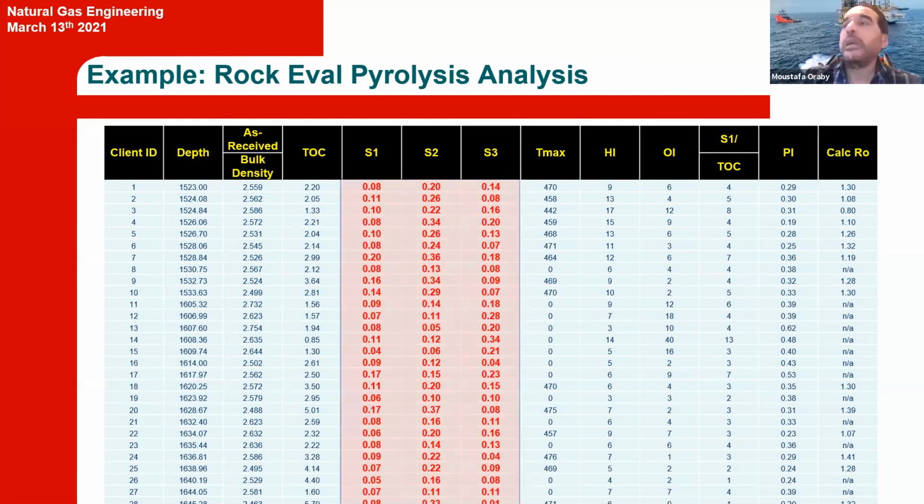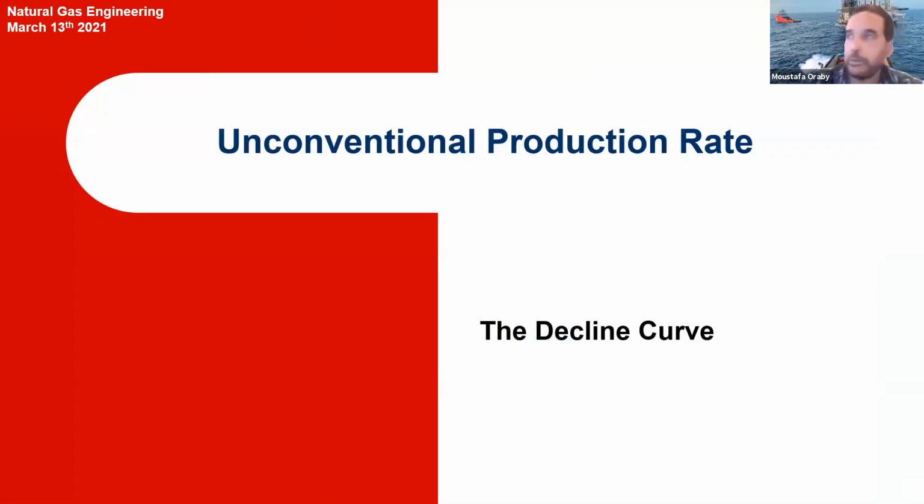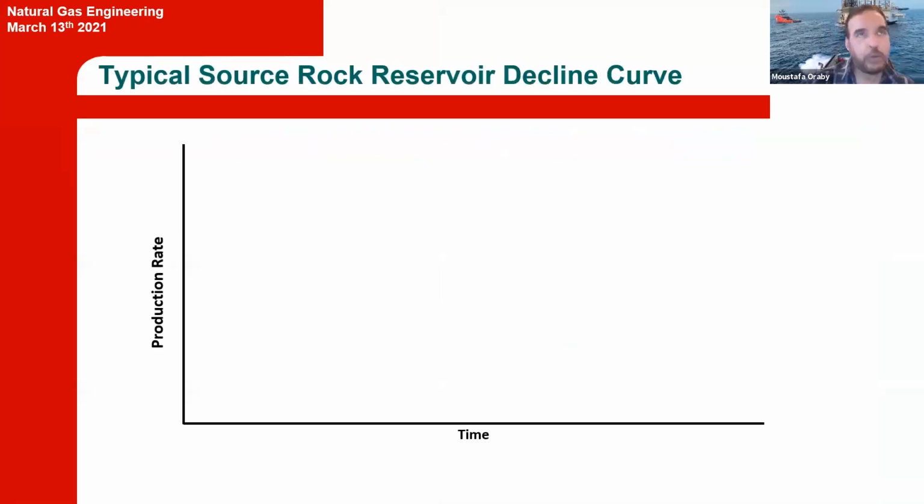Now, if you look at the decline curve, regardless of gas or oil, what is the decline curve in unconventional reservoir? Now we have to go back and ask, do you have a little bit of porosity or you don't? If you have a little bit of porosity, as I said before, we don't really care.